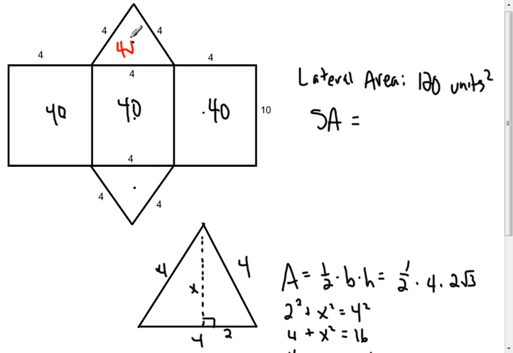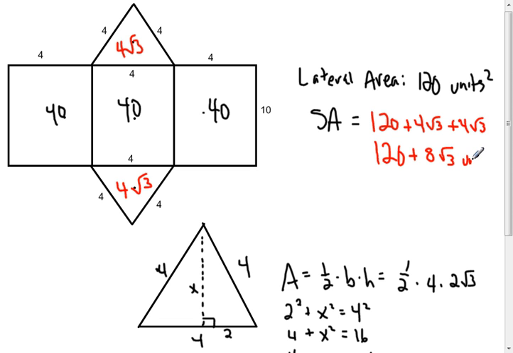This is 4 root 3, and this is also 4 root 3. So the surface area is 120 plus 4 root 3 plus 4 root 3. We can combine these two, so it's 120 plus 8 root 3 units squared.